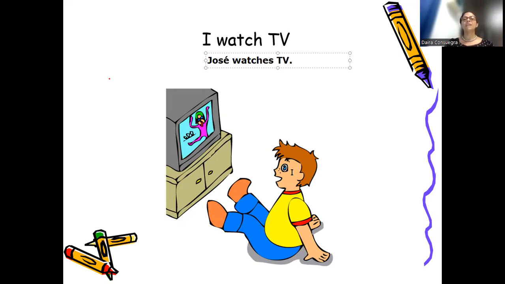Because Jose is he, and watch needs the ES in order to have the grammatical meaning. Jose ve televisión. If I delete this, okay, people can understand. Jose watch TV, but it's not grammatically correct. No está gramaticalmente bien. So we need to know that we add the ES. Why? Because Jose is representing the pronoun he. Okay?